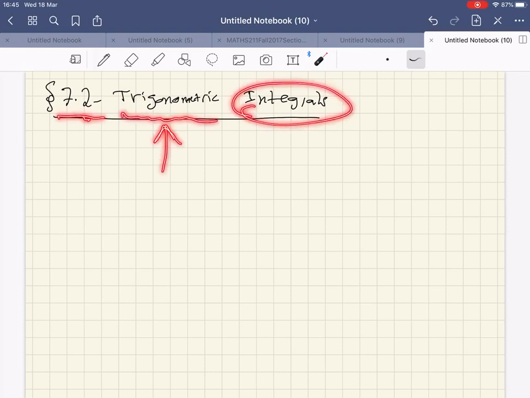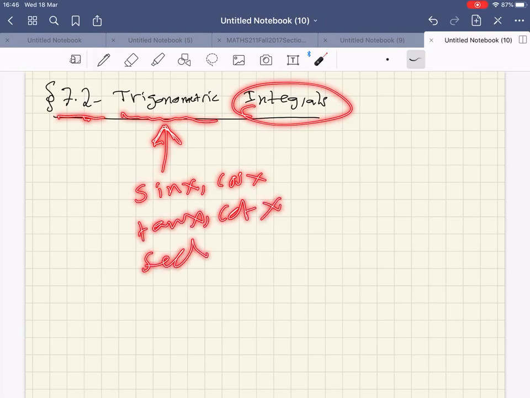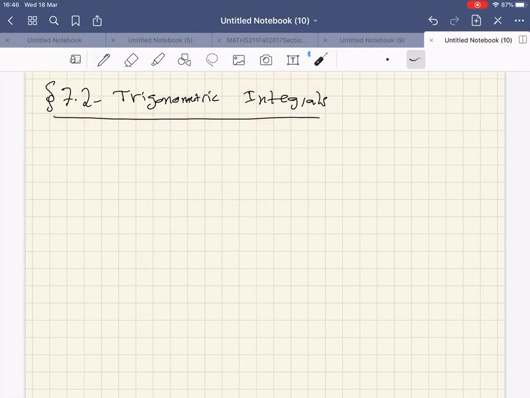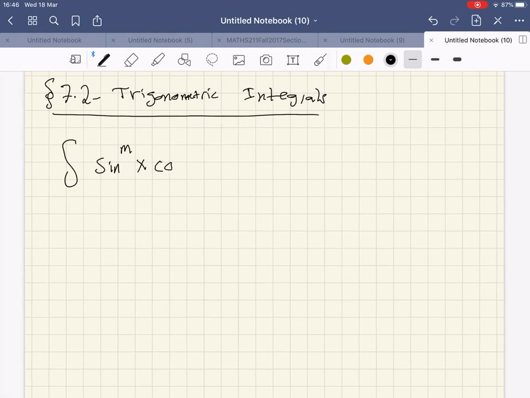From the title of this section, trigonometric, we should expect to see trigonometric functions: sine x, cosine x, tan x, cotan x, secant x, cosecant x, and so on. In particular, we might see this type of integral. We might have the integral of sine to some power, cosine to some other power.